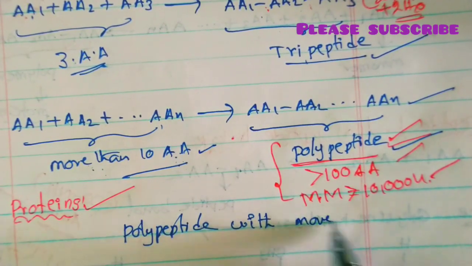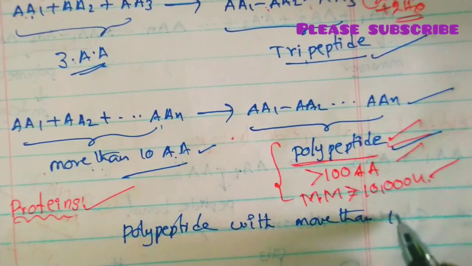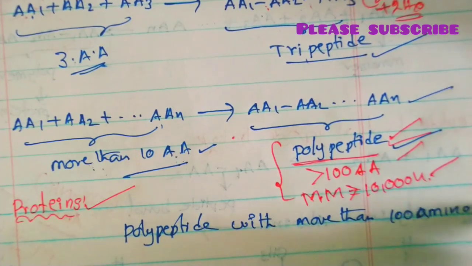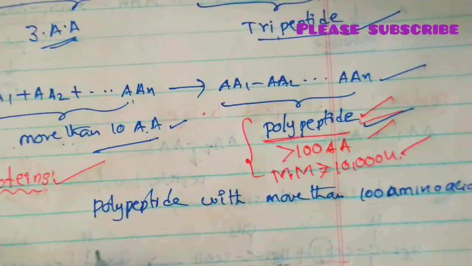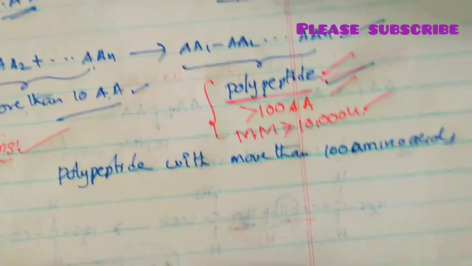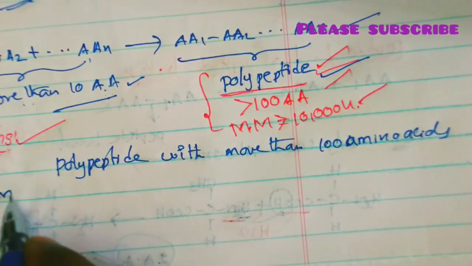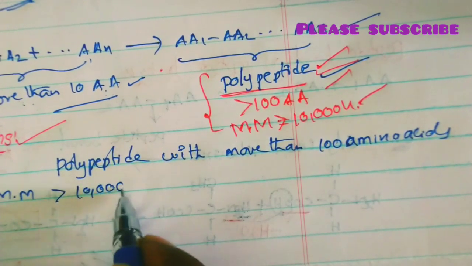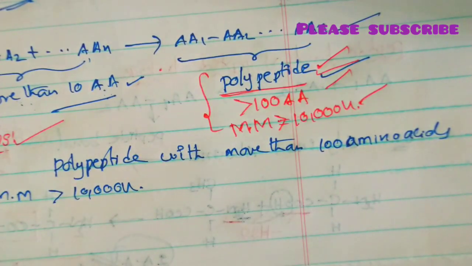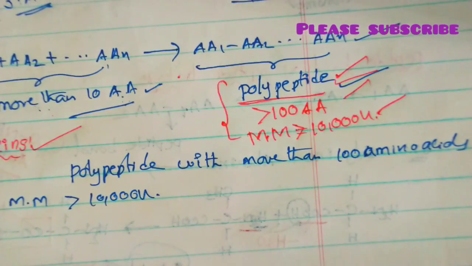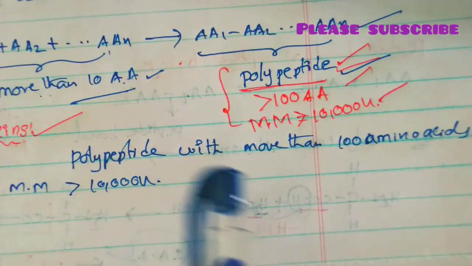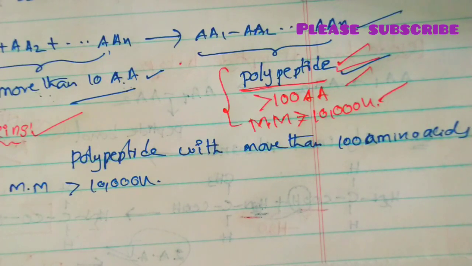With more than 100 amino acids, and also molecular mass greater than 10,000 atomic mass unit, is called a protein. Do you understand this one? Proteins means polypeptides with more than 100 amino acids and molecular mass greater than 10,000 atomic mass unit.